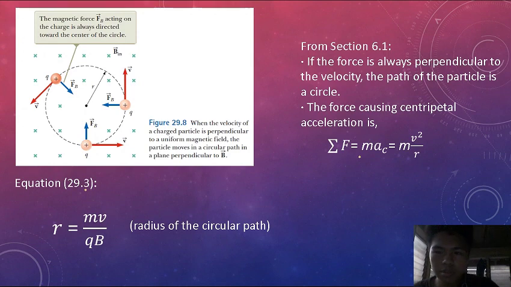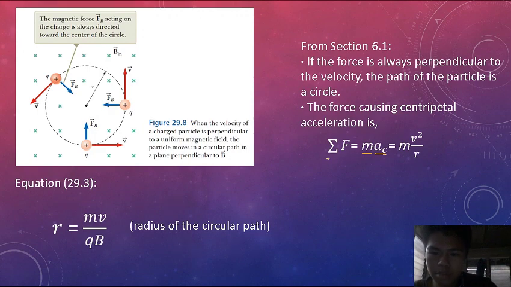acceleration, which is from section 6.1, you have summation of F equals to mass times centripetal acceleration, in which centripetal acceleration is equals to v squared over r.